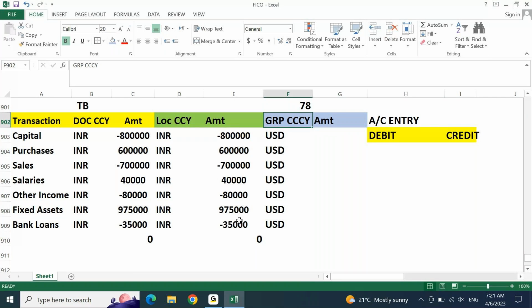He has shared only the local currency trial balance in INR, and he is telling you to convert dollars at 78 rupees. Now dollar at 78 means, is this local currency to foreign currency rate or foreign currency to local currency rate? Foreign currency to local currency, 78.